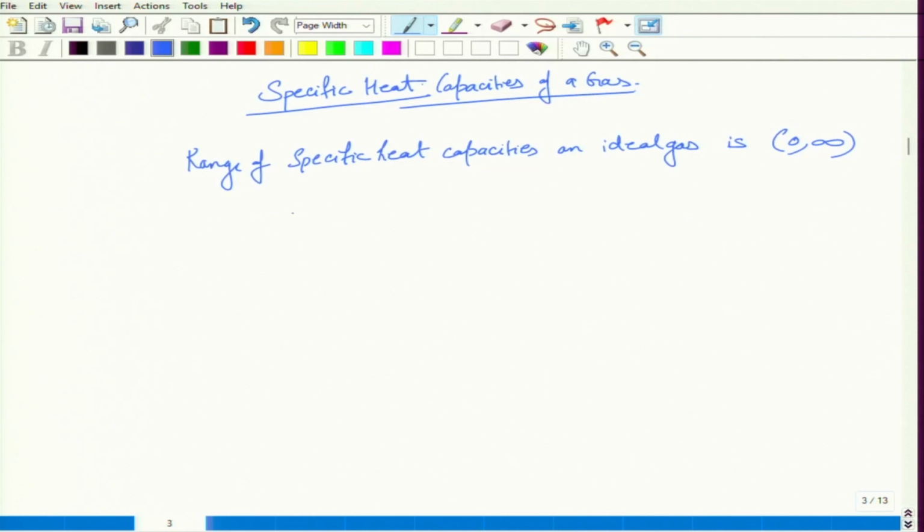So how is specific heat defined? If this is C, we have discussed that C equals Q divided by m into delta T. So what is specific heat?